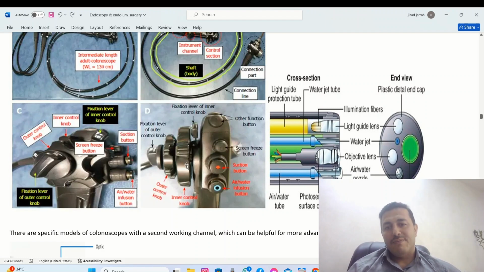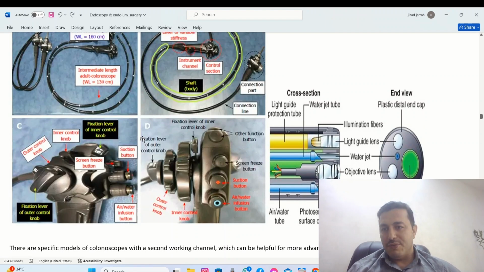So up, down by the big wheel, right, left by the smaller control. And you can see here we have the water and air insufflation button, and we have here the suction button. We have a fixation lever just to fix the wheel in order to manage to use other buttons, so we fix the knob in one direction.